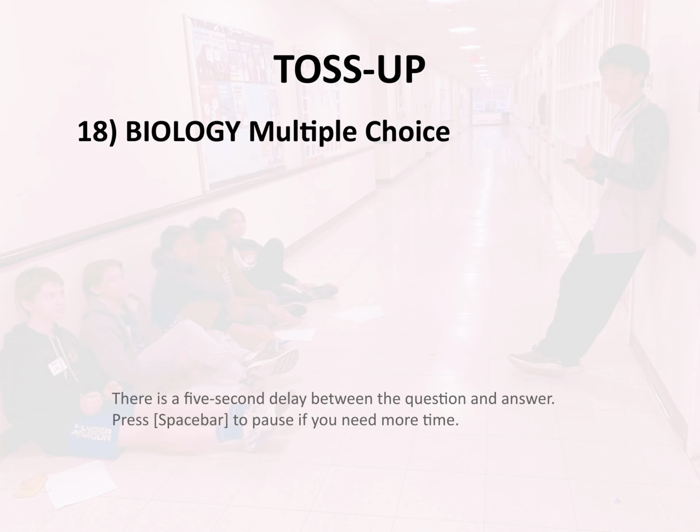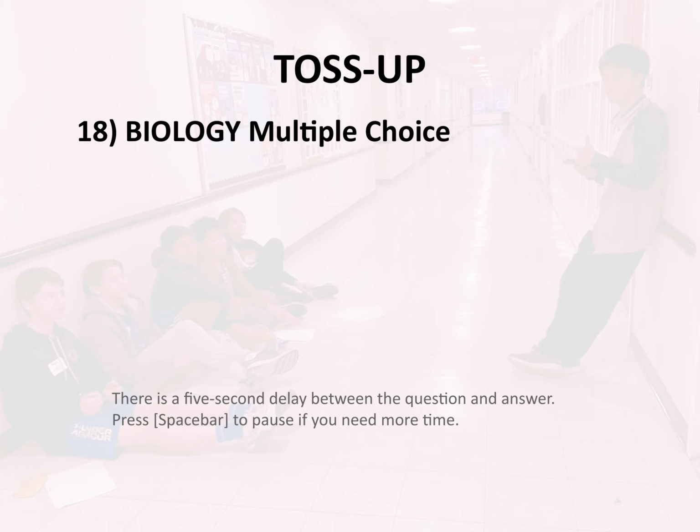Toss-up, 18. Biology. Multiple choice. Which of the following best describes actin treadmilling? W. New actin polymers attach to the minus end of the actin filament. X. The actin filament remains static with no addition or loss of subunits.